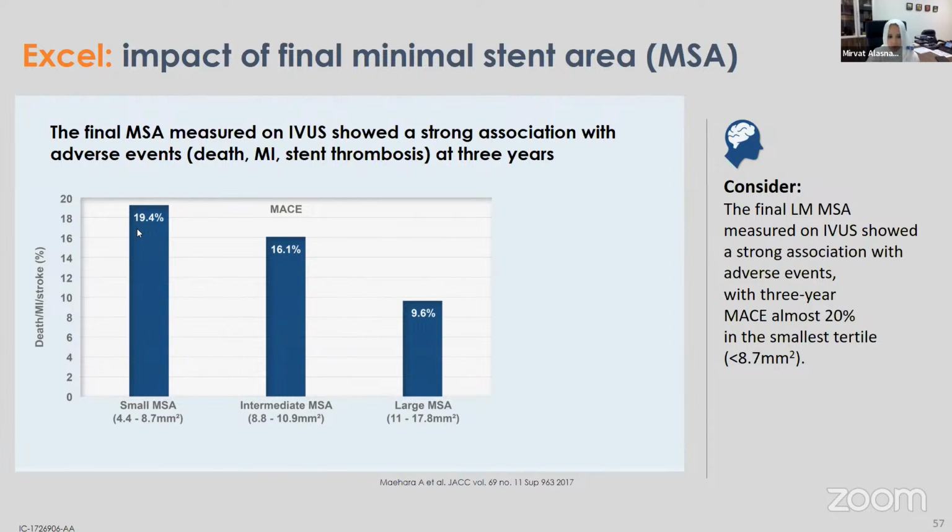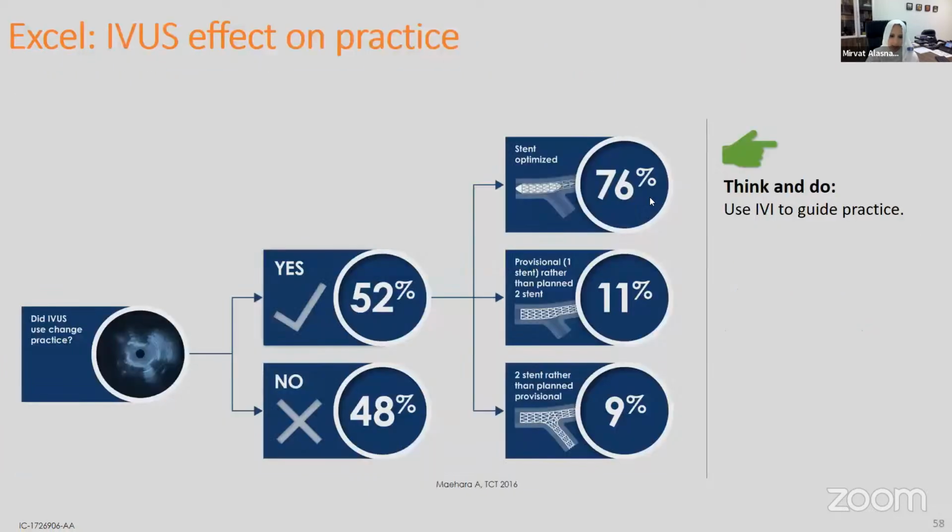So you're going from almost 20% to 9%. So you're almost doubling the rate when you achieve a larger MSA as opposed to a small MSA in the left main. And again, you're looking at very important hard endpoints of death, MI, and stent thrombosis, and these were 3 year outcomes.